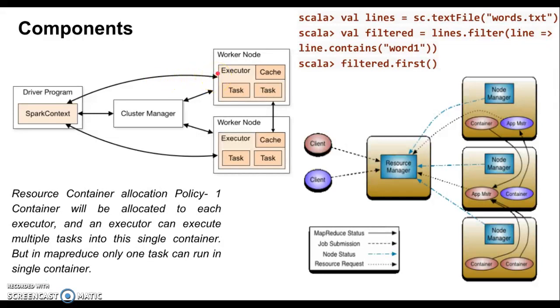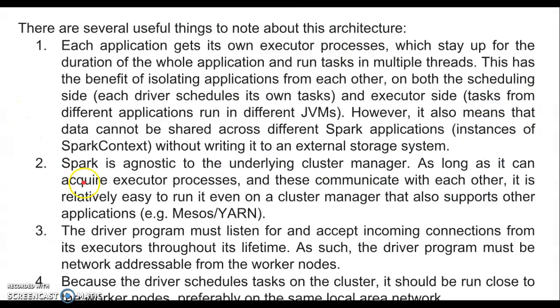So if multiple executors are running on this worker node, they will not be correlated, they will be isolated, and they will not share their data between each other. They can share, as there is a property with which we can share our Spark context between multiple Spark applications, but it is recommended not to share a Spark context between multiple applications.